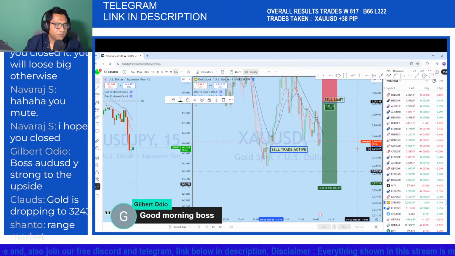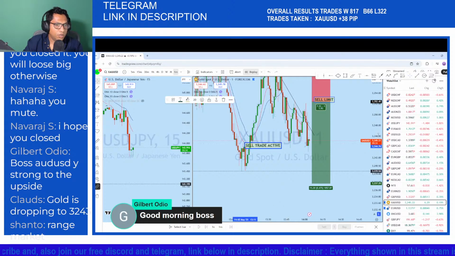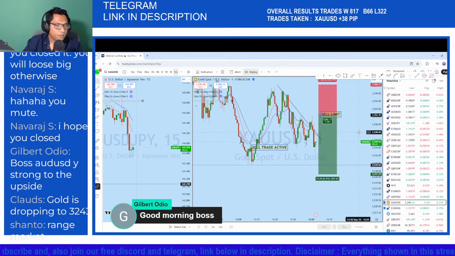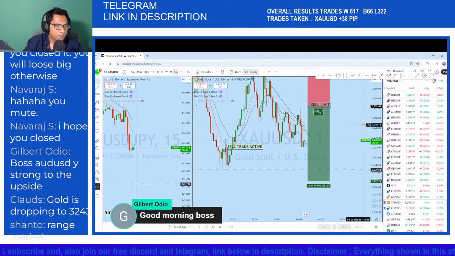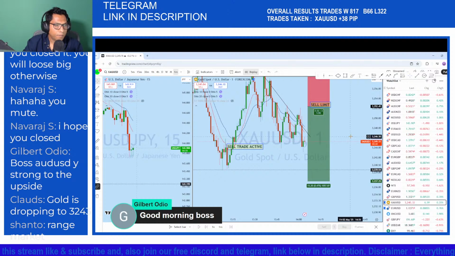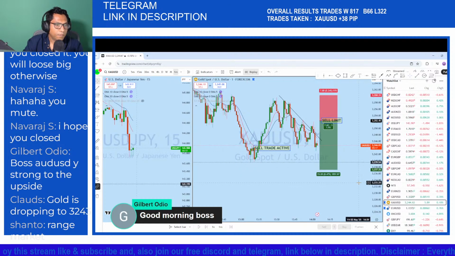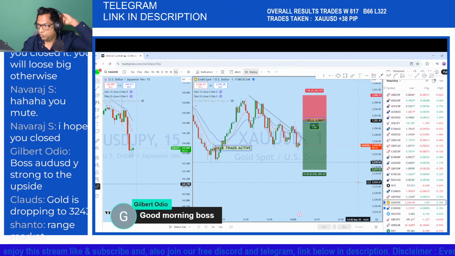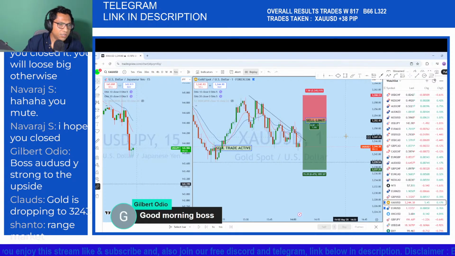Okay, the price action is bearish, so I'm still actively holding it. Showing bearish, we're holding it for possible downside.